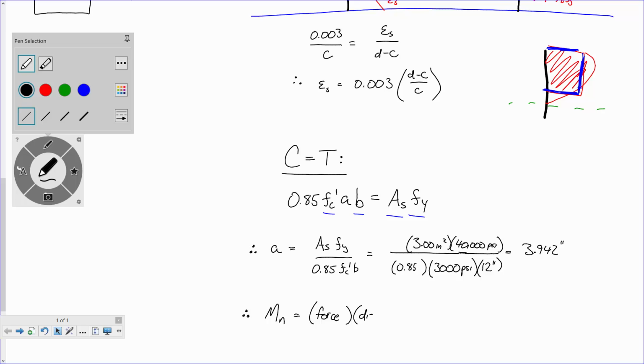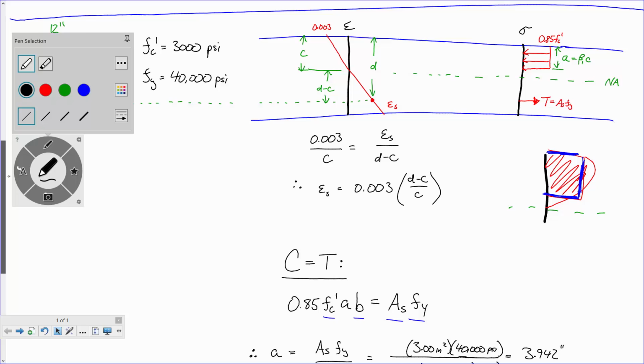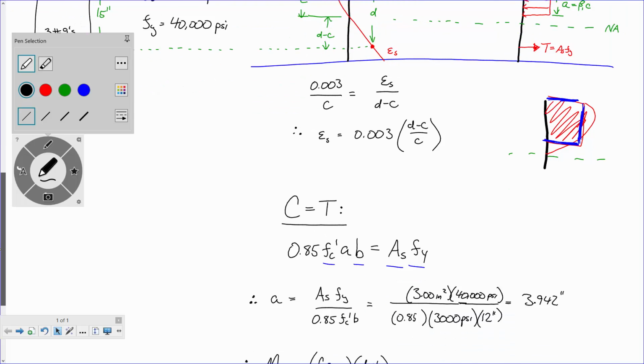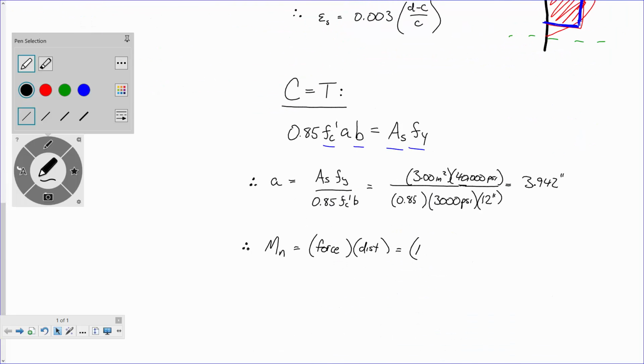Now, what is the force? Well, which one has fewer symbols in it? 0.85 f'c a b or As fy? As fy. So instead of multiplying 4 things, why don't I multiply 2 things? So my force is, we'll drag it down, As fy.